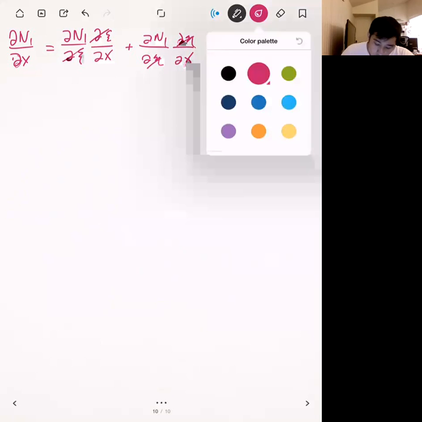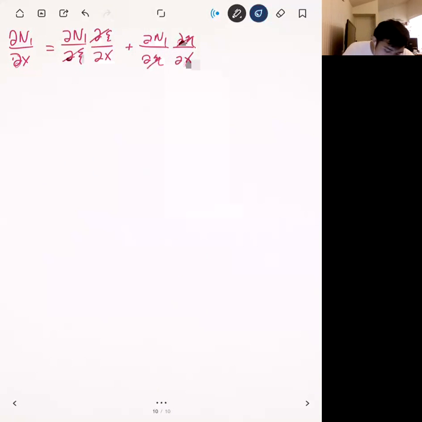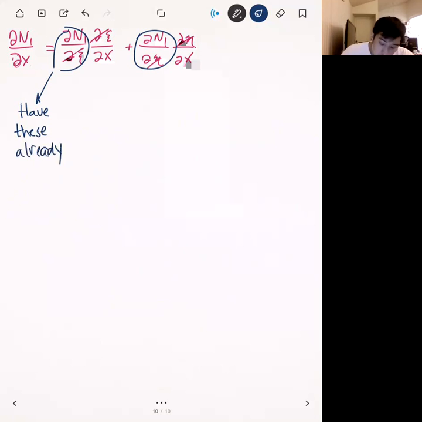In this way we're able to get partial N1 partial x. The nice thing about this form is that the terms in blue we have already, and the other terms we can actually get.